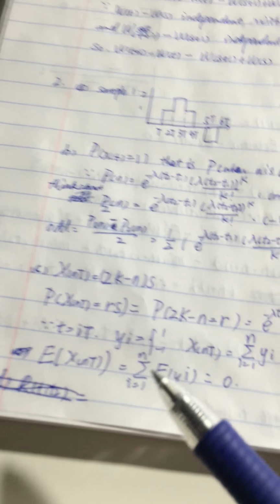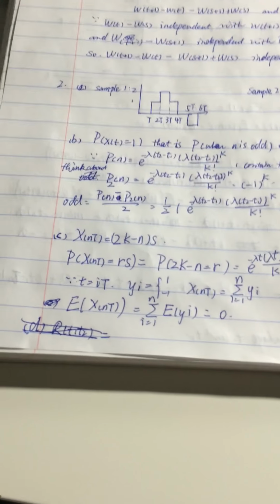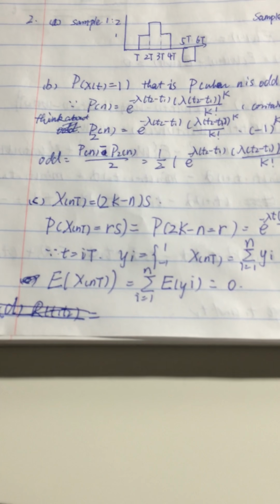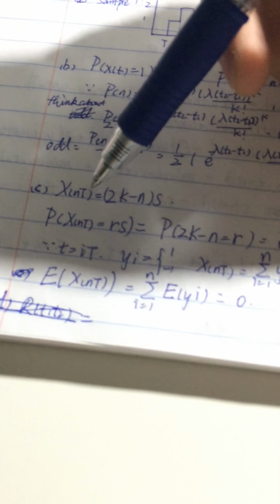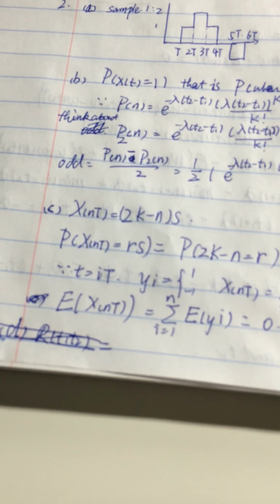The third question is to find E[Xt]. We can think of it as a random walk. That means we should first think about what the random variable of such a stochastic process is. We can define X_n(t) as a random variable.